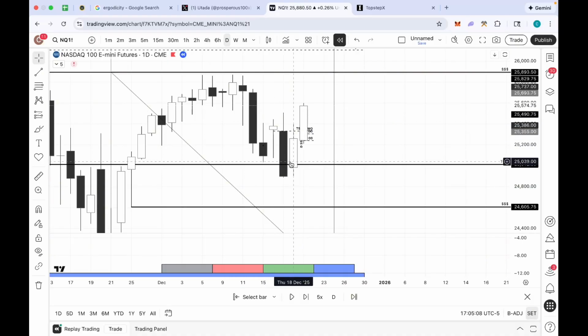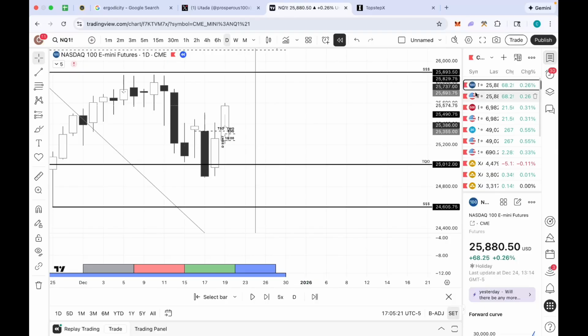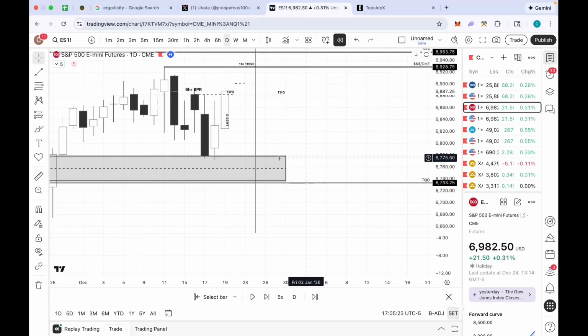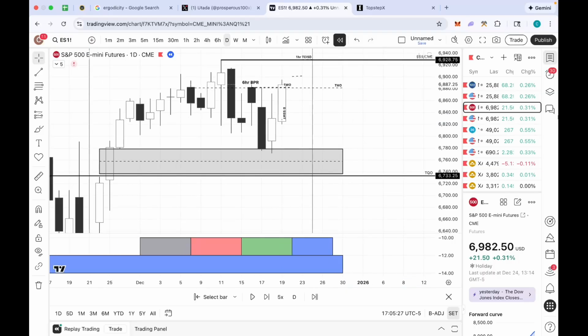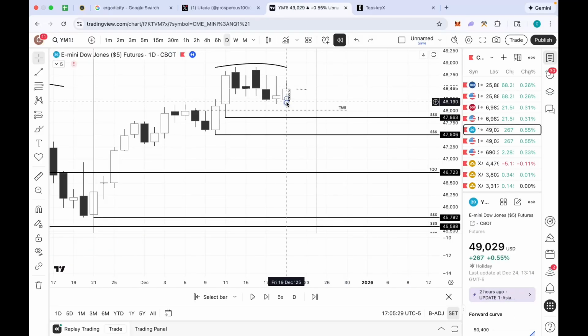But what gave me the bullish bias on Friday and why I wanted higher was, if you look here, from Wednesday to Thursday, we create a divergence between ES and NQ, which are heavily more correlated compared to Dow Jones. But what's also important too is you have to look at the 3 triads as well.